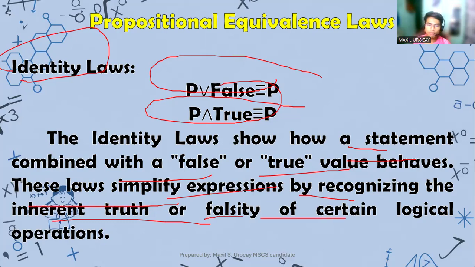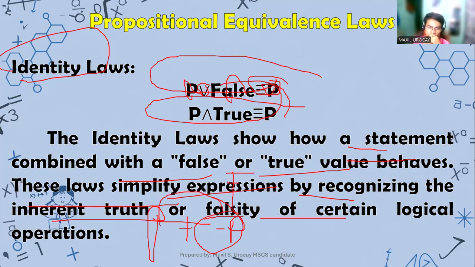Meaning to say, if P is going to work with or false, it will become identical to P. So for example, if P, we add that with false, not P, right? Not P, that is false.